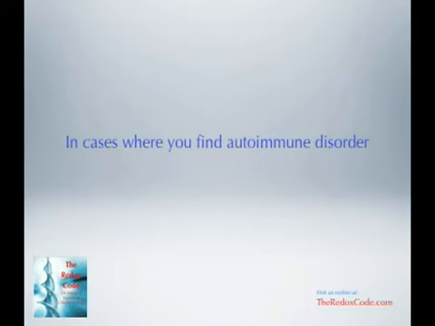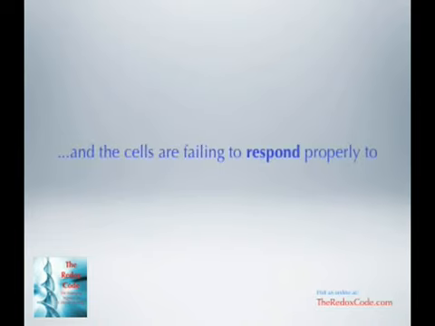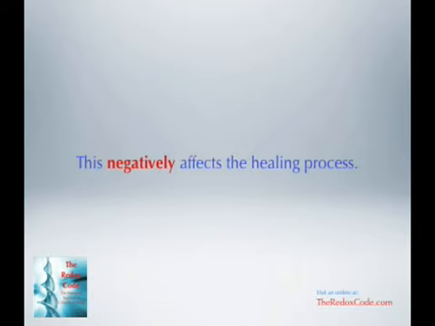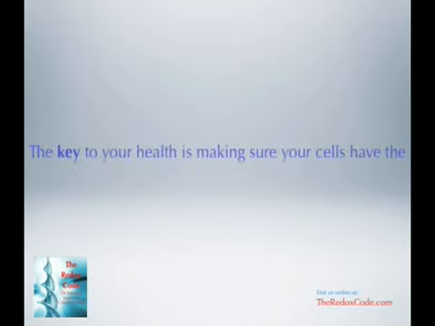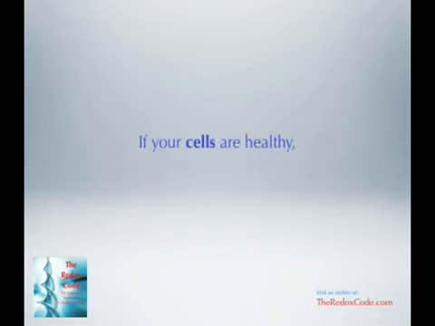In cases where you find autoimmune disorders or chronic disease, the reactive molecules produced by the body are out of balance, and the cells are failing to respond properly to oxidative stress or repair the damage that is occurring. This negatively affects the healing process. The key to your health is making sure your cells have the materials they need to maintain homeostatic balance. If your cells are healthy, then your whole body will be in good health.